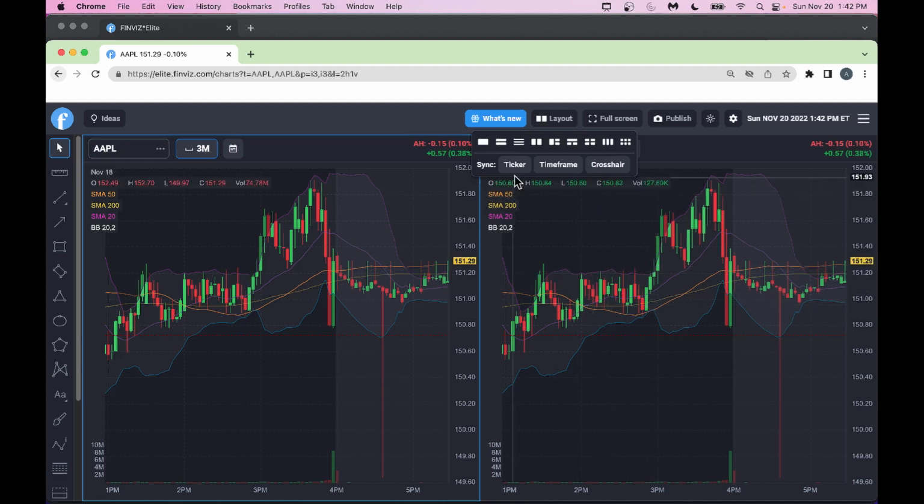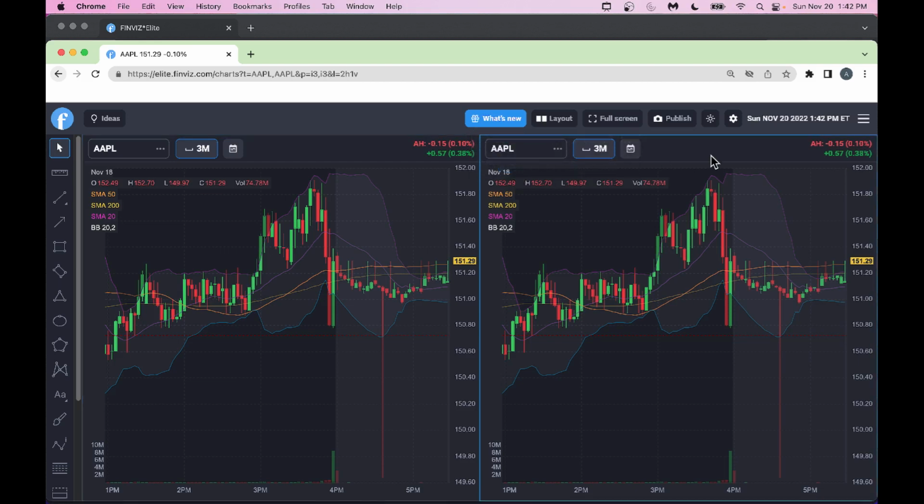And there's a sync here. If you want to see the same stock in 2 different windows or 4, doesn't matter, you just click on the sync here. That will make sure it syncs up. The moment you see a blue bar around it, that tells you you are syncing the same symbol across the 2 different charts.